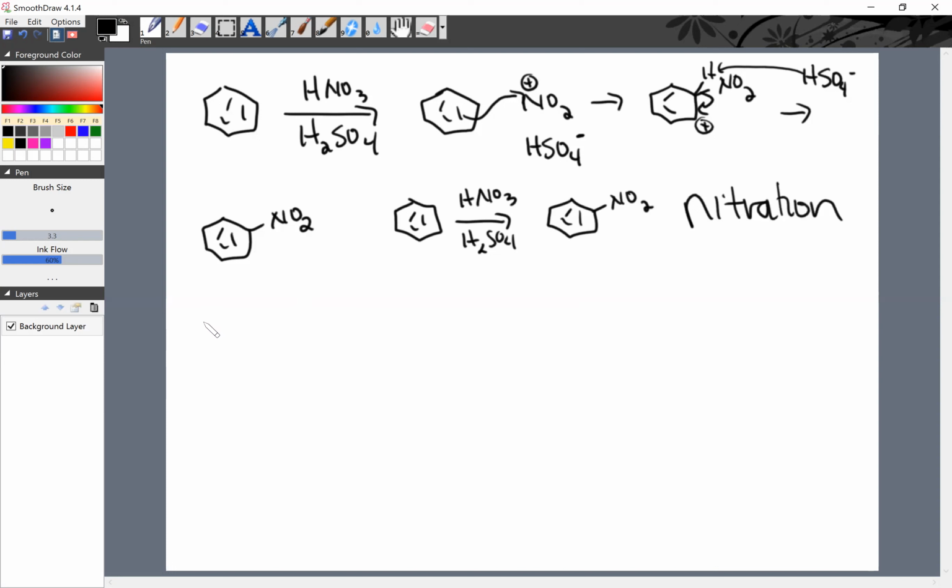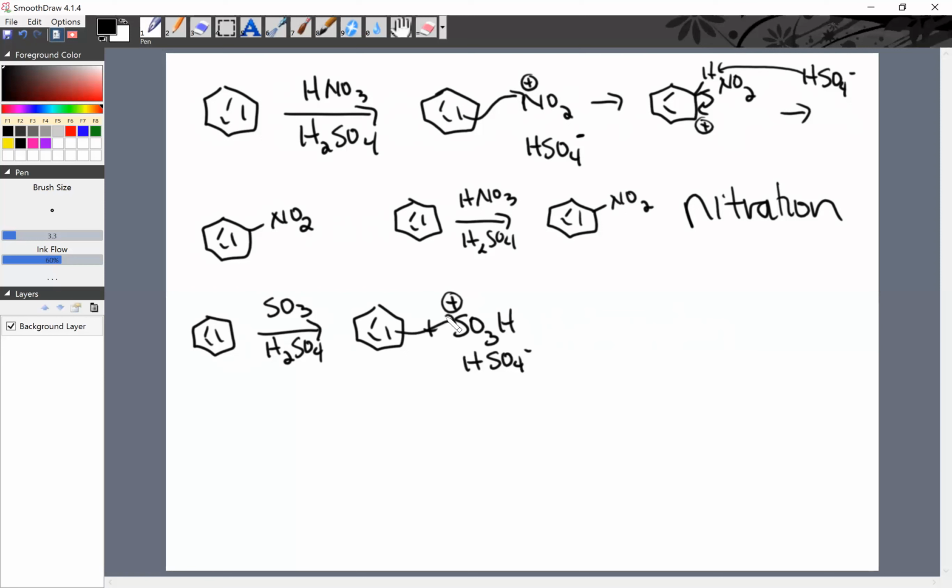And sulfonation, and it would attack that positive location. And if you'll notice, it's just the same mechanism over and over. It just depends on which electrophile.